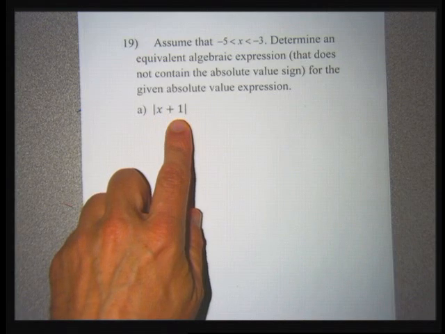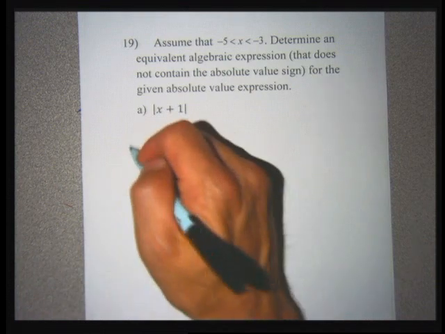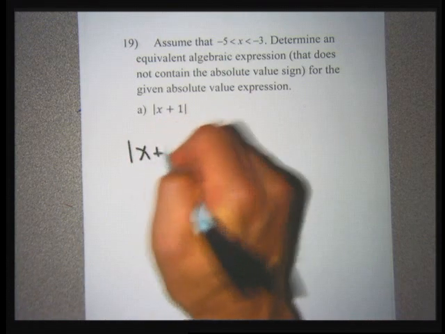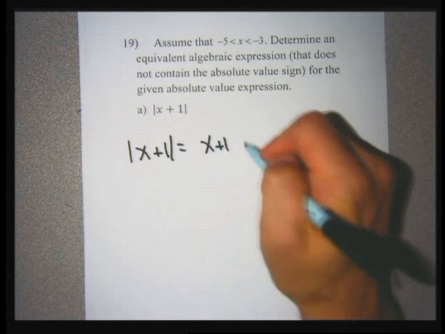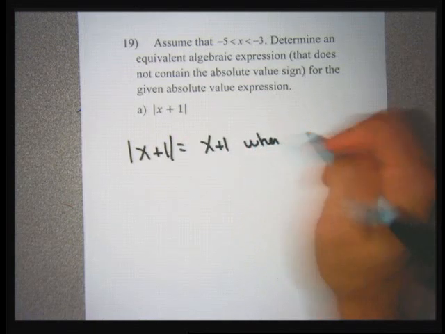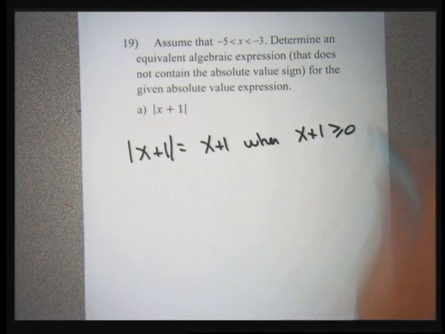But I do know that for any absolute value this is going to be true: the absolute value of x plus 1 will equal x plus 1 when x plus 1 is a positive number, or 0.